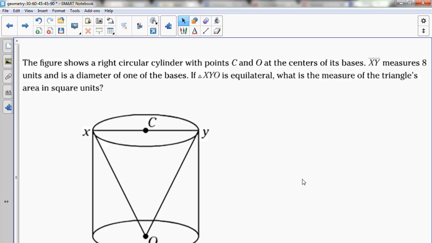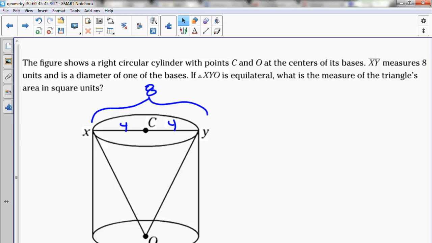So let's go ahead and just label this. This is 8. Now that would make CX and CY the radii. So what's CX? Yeah, 4. May not help me, but it's there.